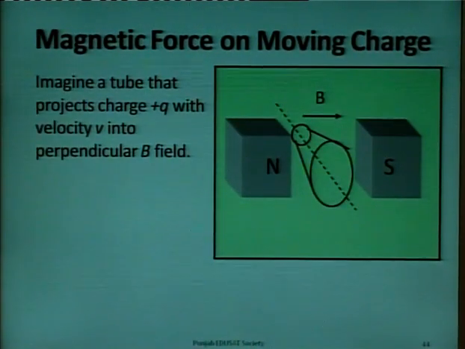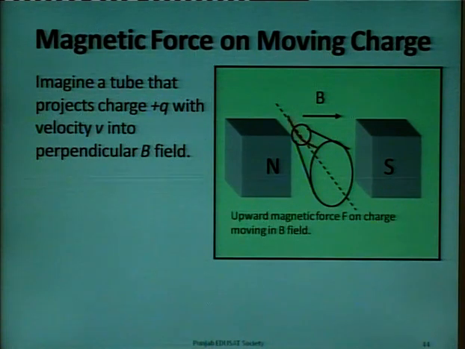Then the magnetic force on a moving charge. Imagine a tube that projects a positive charge q with velocity v into a perpendicular B field. Then an upward magnetic force F on this charge moving in the B field would be there, and the velocity would also be in that direction.